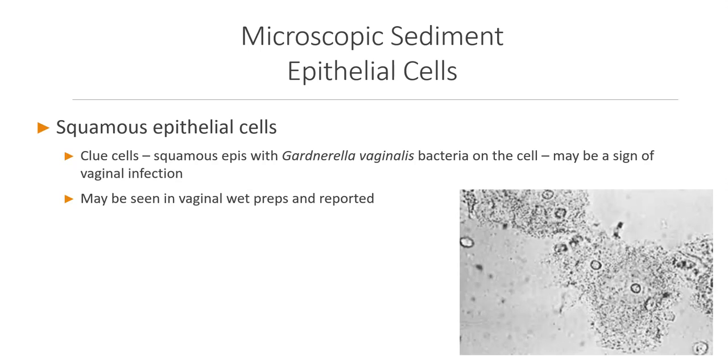The bacteria coating the epithelial cell gives the cell shaggy or bearded borders. To be reported as a clue cell, most of the cell surface should be covered with bacteria, and the bacteria should be seen to extend past the cytoplasmic margins. Initially, you would need assistance in classifying cells as clue cells.